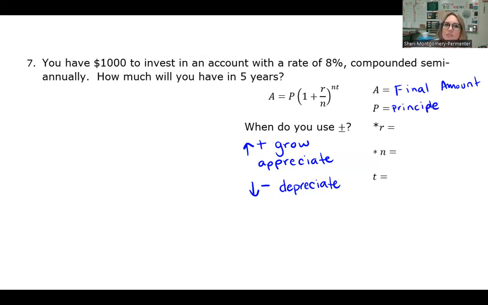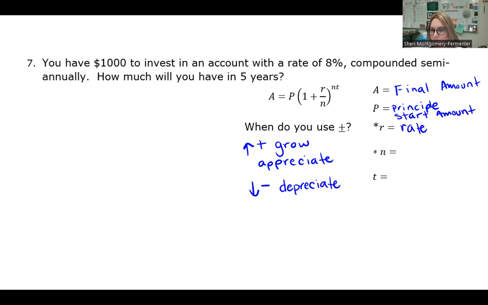I spelled it like the principal of the school instead of principal amount of money. So it's PLE instead of PAL. It's also the starting amount. It's the same thing.